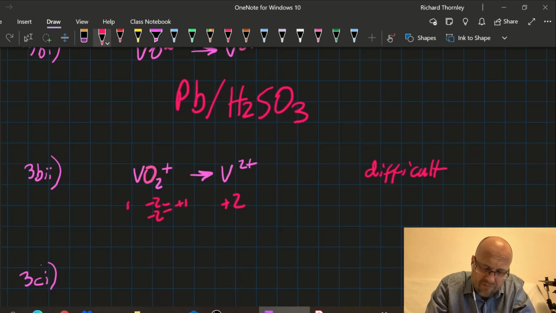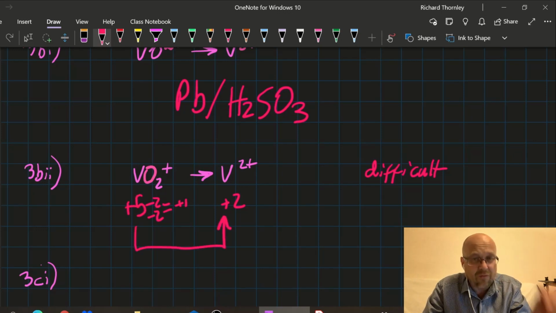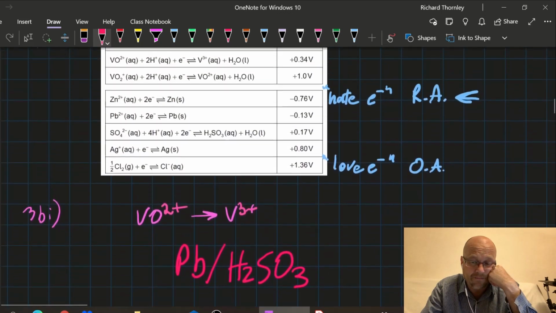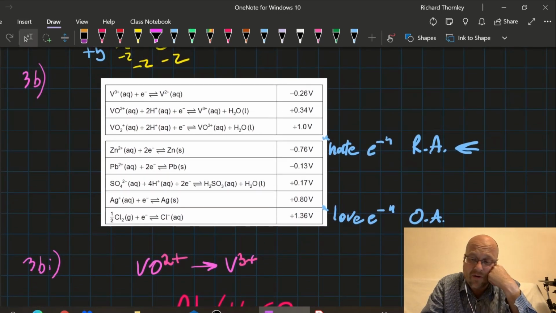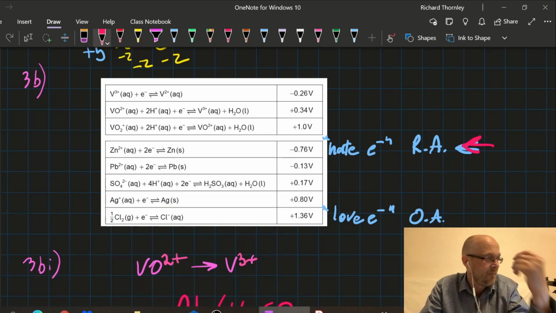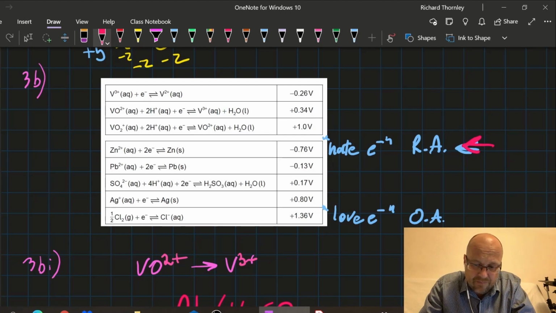That's going to be +5. So we're still talking about reduction. Because +5 to +2 is reduction, we're going to need a reducing agent. So once again, we're looking at the reducing agents, the more negative values at the top of the table. So it has to have a value that's more negative than that.